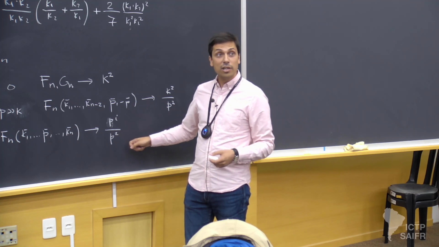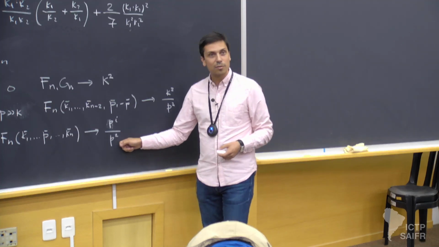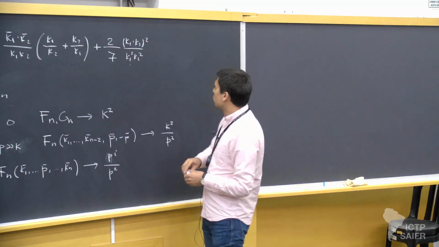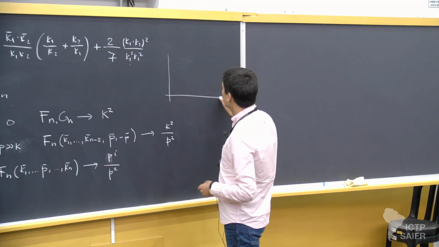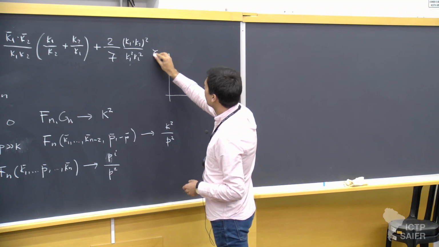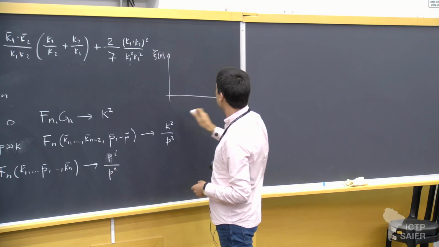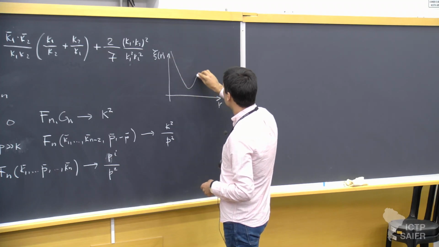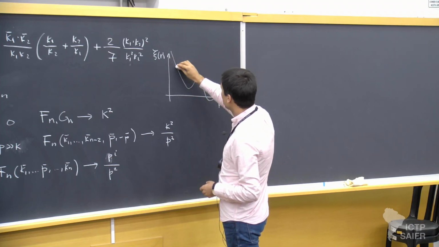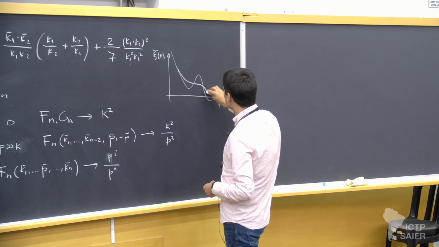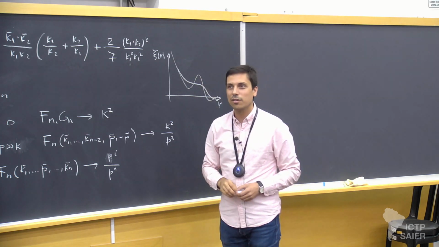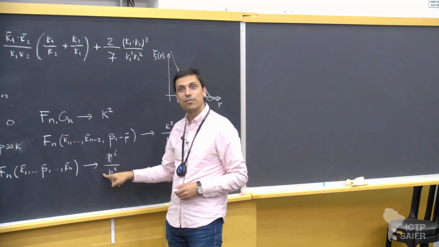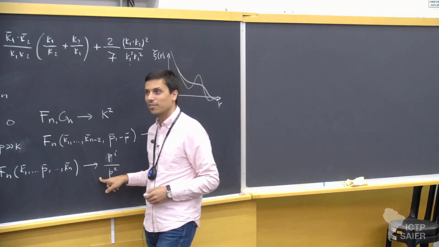These terms are exactly what is crucial, for instance, to explain why the BAO peak in the correlation function in real space from the linear theory becomes very broad in the nonlinear theory. The reason for this broadening is these kinds of terms. So they're very important.